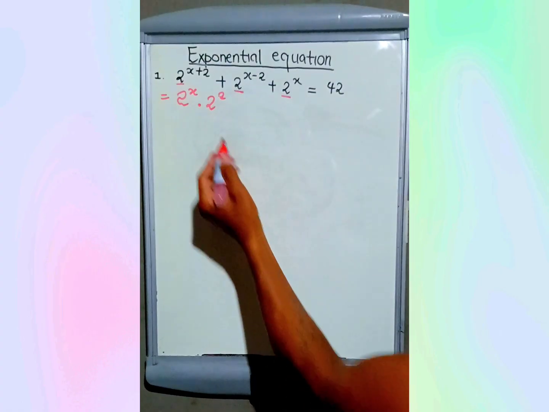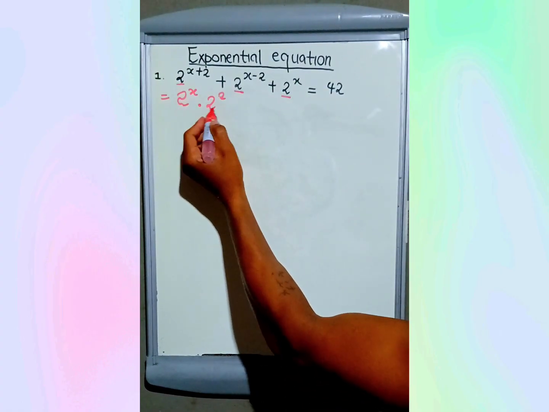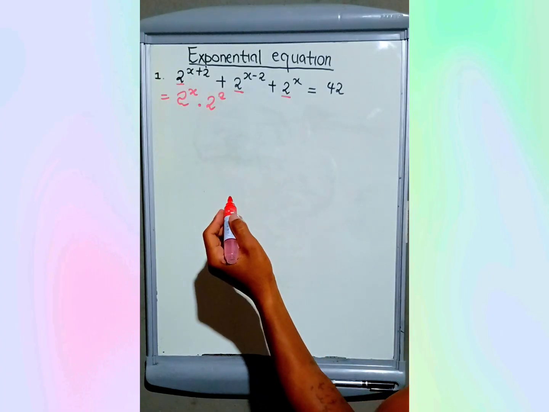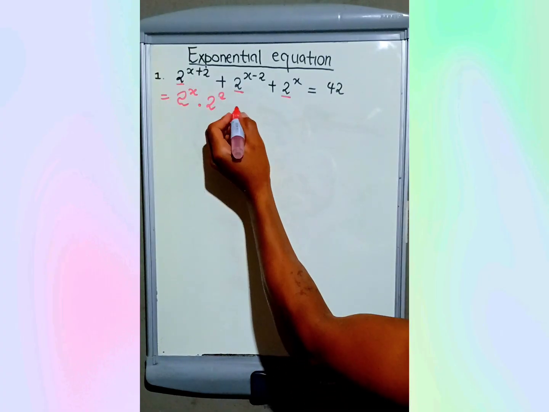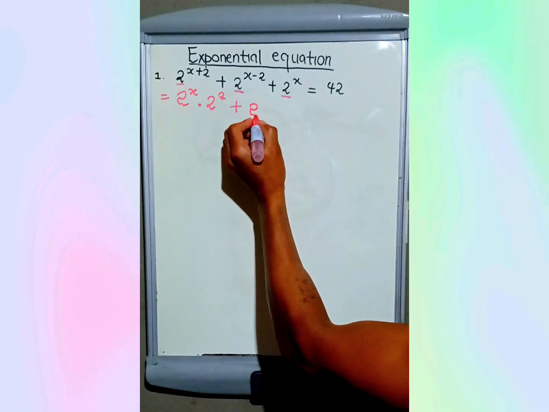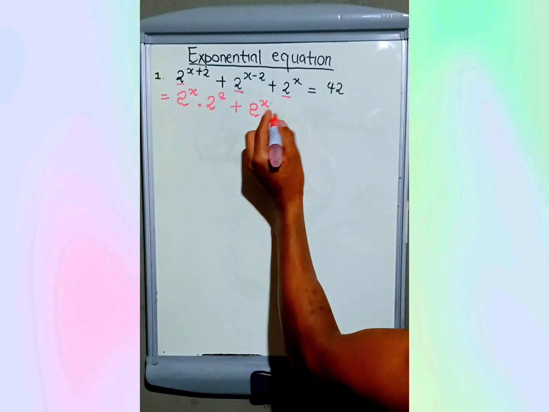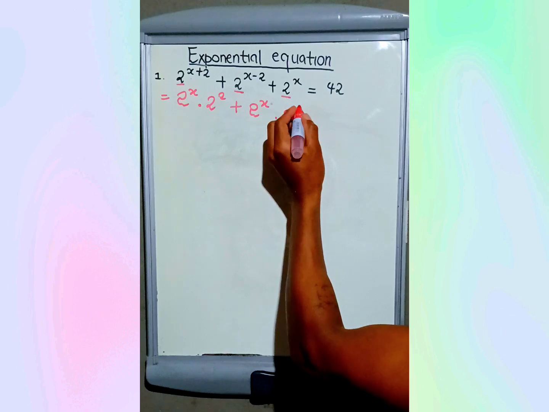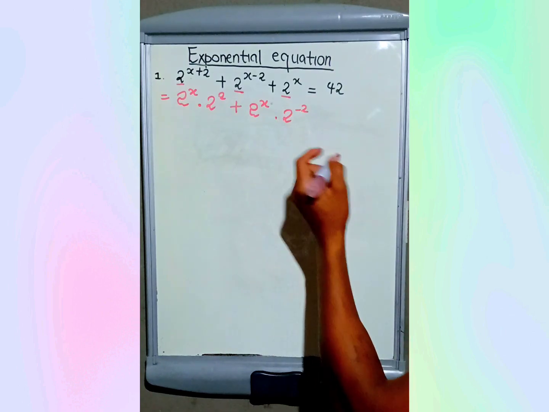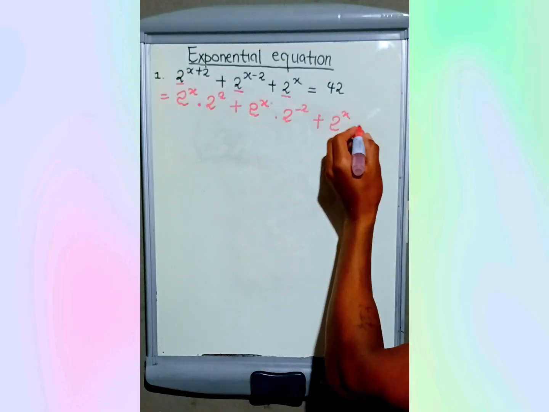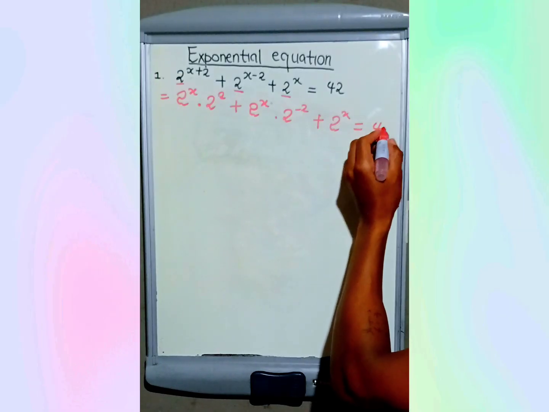When I simply solve these exponents, it gives back 2 raised to x plus 2, plus 2 raised to x times 2 raised to minus 2, plus 2 raised to x.